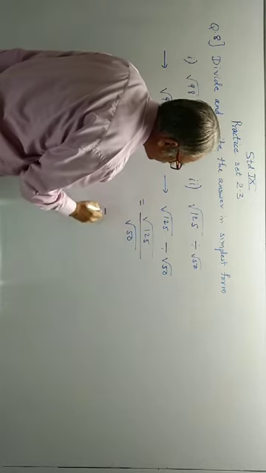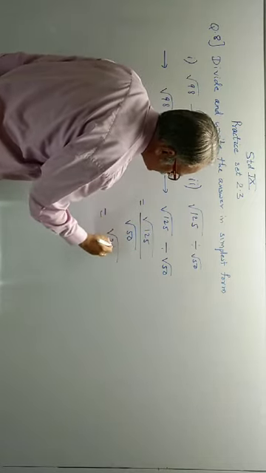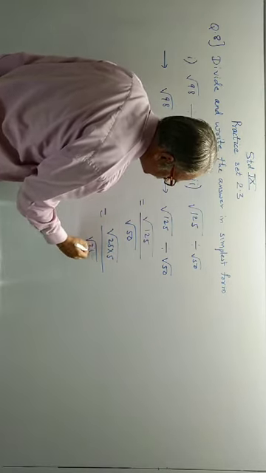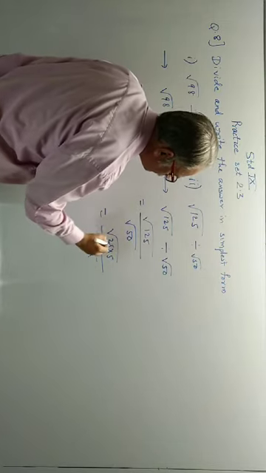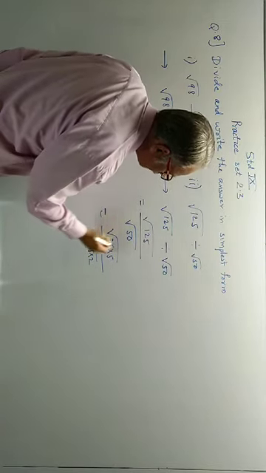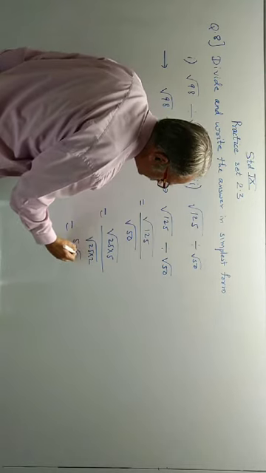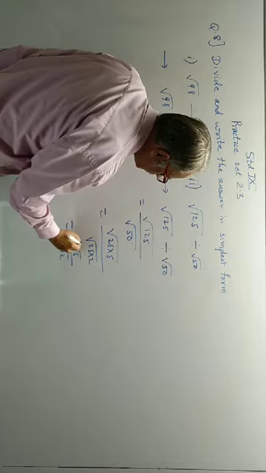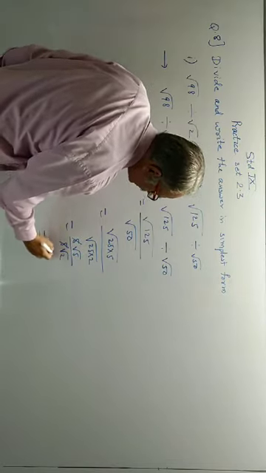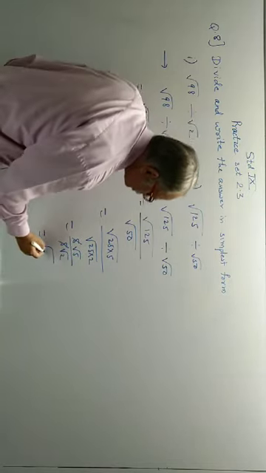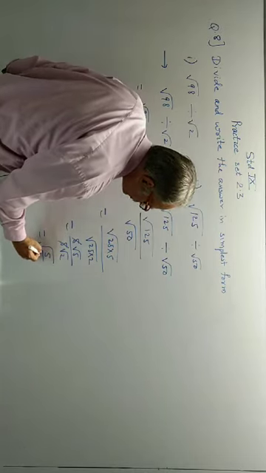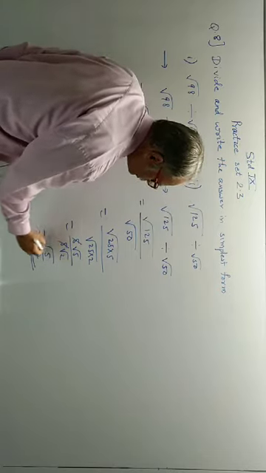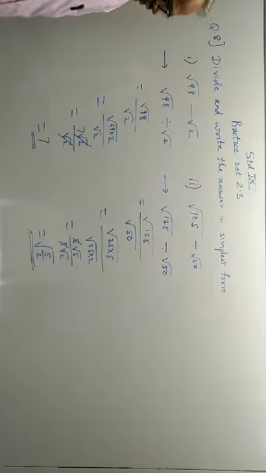Then 125 factors: 25 fives are 125, and 25 twos are 50. 25 will come out as a 5. In this case also 5 will come out. This outer multiple 5 will get cancelled. Now both are root 5 upon root 2, which can be written under one big root, root of 5 by 2.